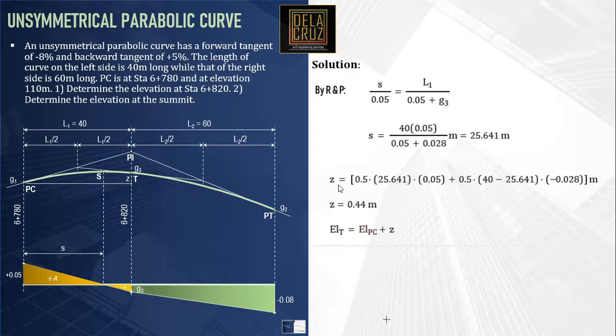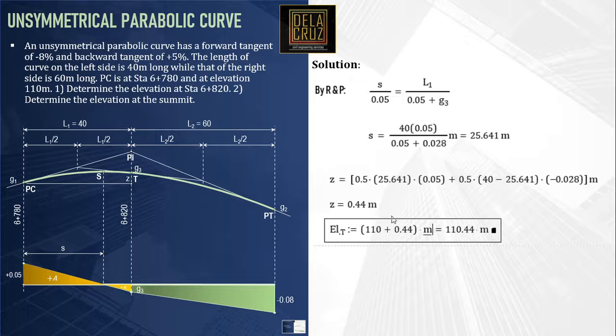If this becomes negative, that means the second point is below the first point we considered. The elevation of PC should be 110 meters, and Z is 0.44, in meters. The answer here is 110.44 meters. Part 1.